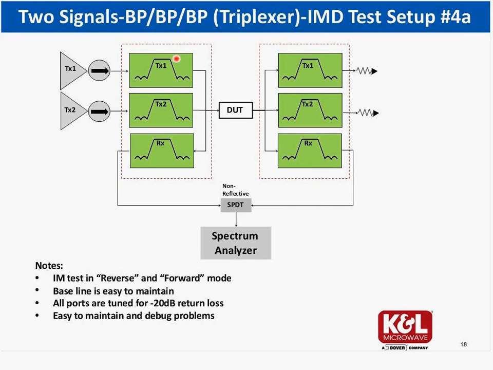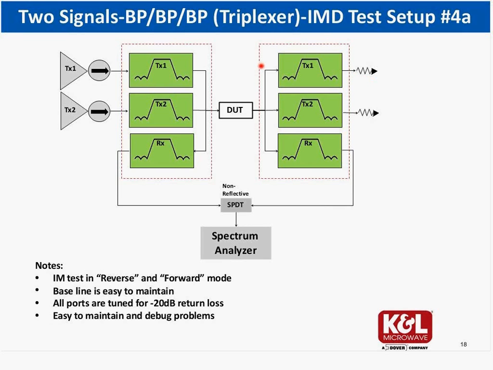So we are introducing here a new filter solution that will combine TX1 and TX2 and the RX, and on the same token on the output of the device and the test. Note that there is no reason to put a low PIM termination at the output of TX1, TX2, because again, there's no TX2 here and there's no TX1 here.